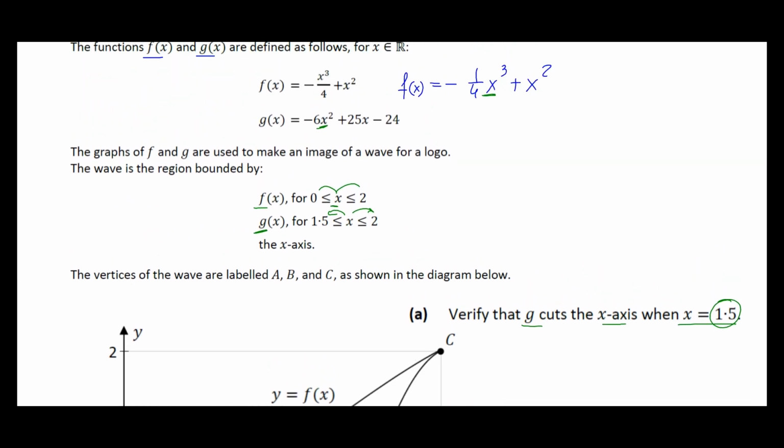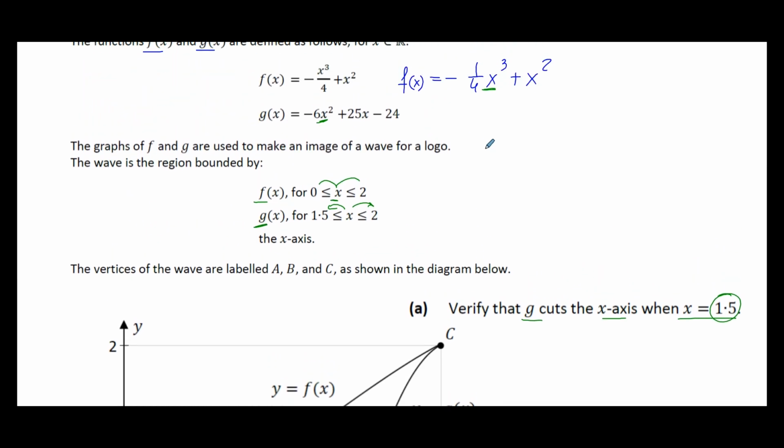If we take our g function and replace x with 1.5, we get 1.5 to the power of 2 plus 25 multiplied by 1.5 minus 24, which should equal 0. When we put all of that in our calculator, indeed we get 0. So it is verified. That's where it cuts the graph.